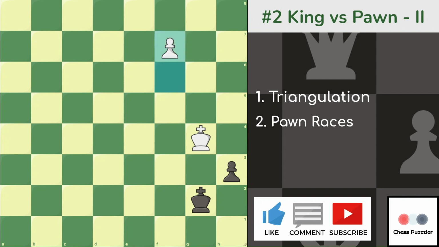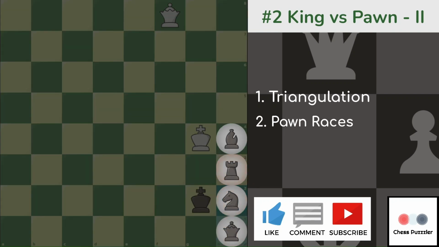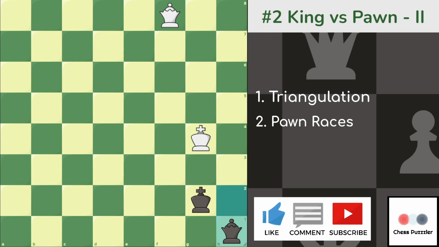White starts with f7, h2, and white queens, and so does black. Now, the best move after this for white is queen f3, king g1.